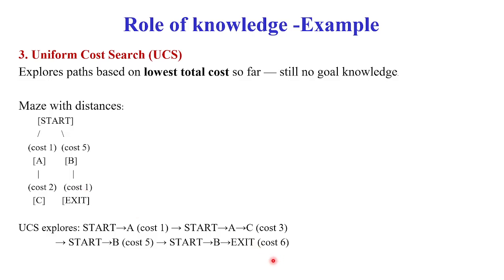It is cost aware but still has no knowledge of where the exit actually is. So all three work like BFS, DFS, UCS, but without any knowledge of the goal. So the consumption is enormous.